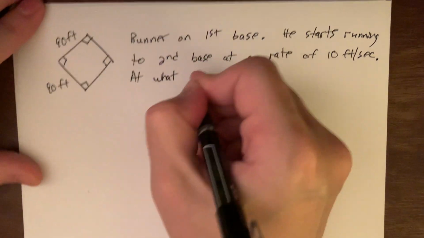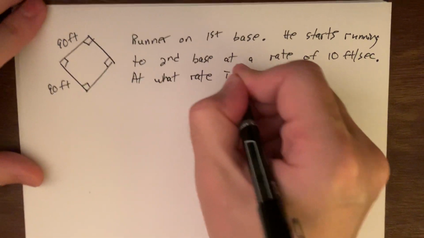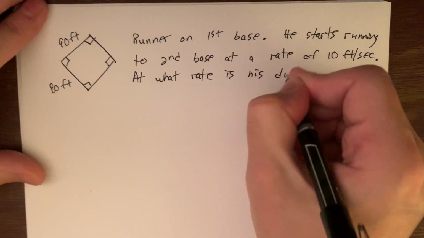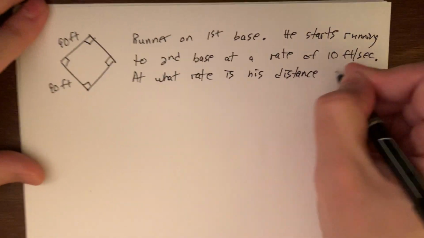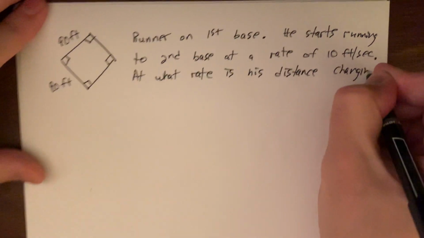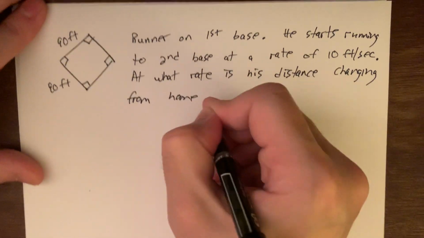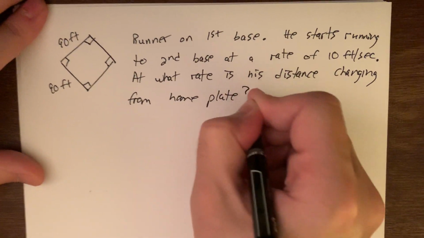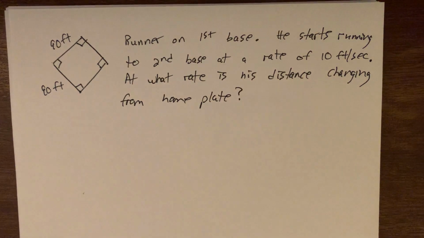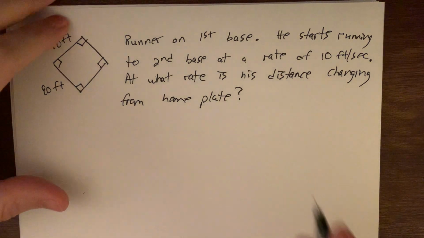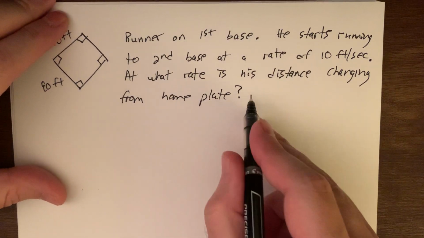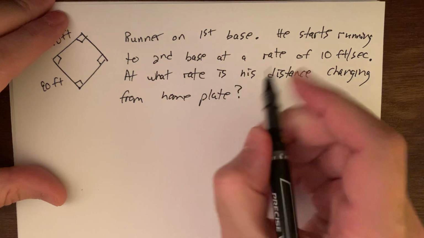At what rate is his distance changing from home plate? So, well, how do we set this up? Oh, I'm sorry. I need to include one more little piece of information.